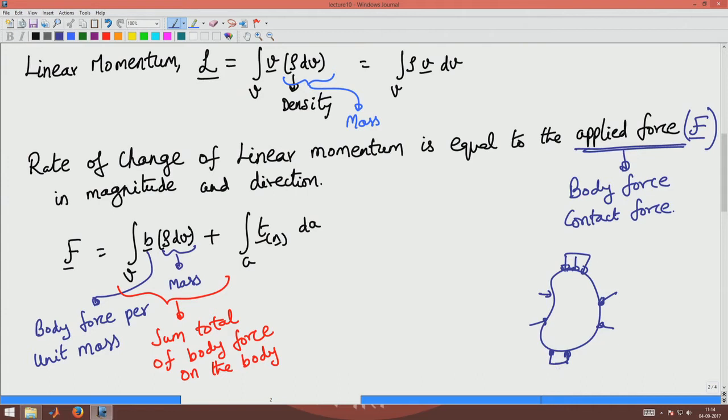T sub n denotes the traction. If I integrate it over the area, I will get the net force that is acting on the boundary.